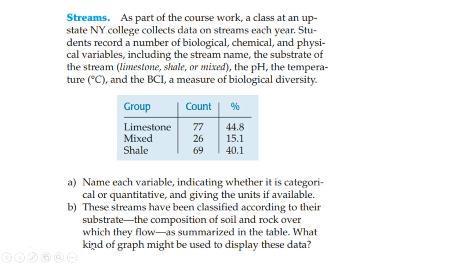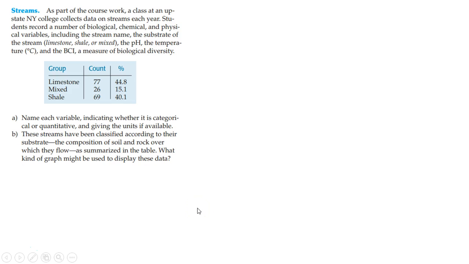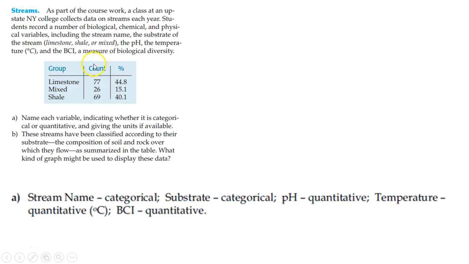Look at all this stuff and determine what they are, all the different values, and then these streams have been classified according to their substrate, the composition of soil and rock over which they flow, as summarized in the table. What kind of graph might be used to display this? So, point is, we're looking at all the stuff that's in here. They record the number of biological, chemical, and physical variables, including the stream names, the substrate, the pH, the temperature, the BCI.